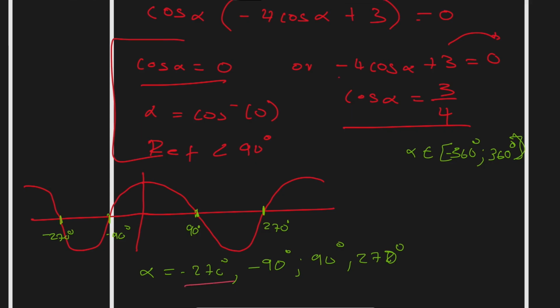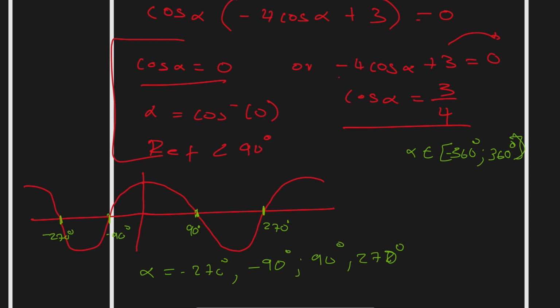So all these are the solutions. It is not only one solution where the reference angle is 90 degrees. After you are done with the first part, remember you are not done. You have to also solve this other part. So these are the solutions. These are your other solutions.